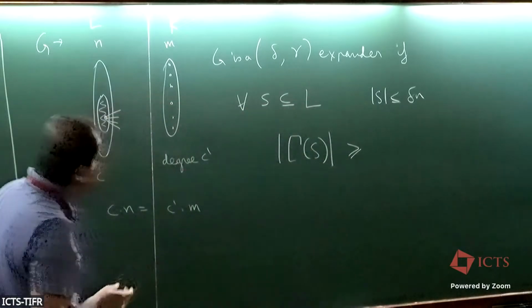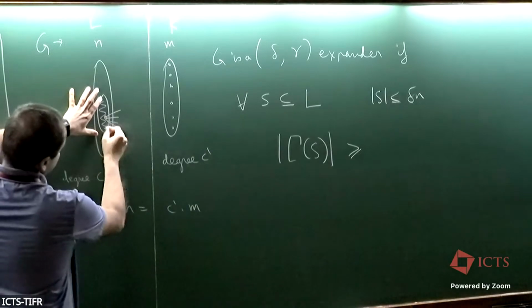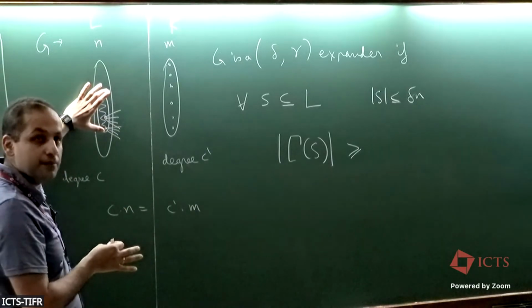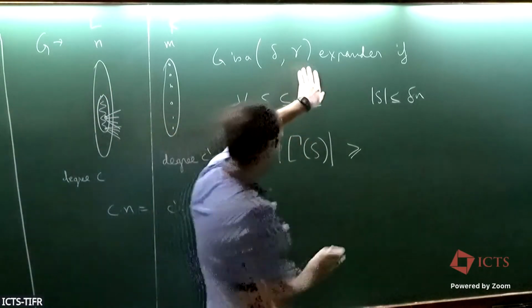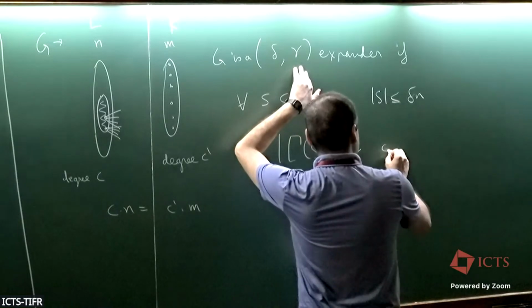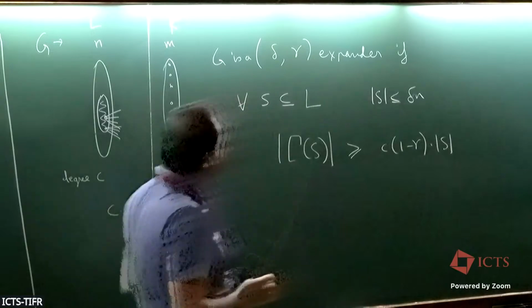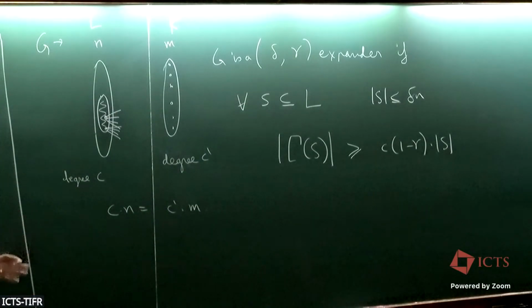The largest it could be, since every vertex here has degree c, is c times the size of S. So if this is quite close to that, then I'm calling it a (delta, gamma) expander. So it's at least c times (1 minus gamma) times the size of S. This is what it means for G to be a (delta, gamma) expander. That's the definition.